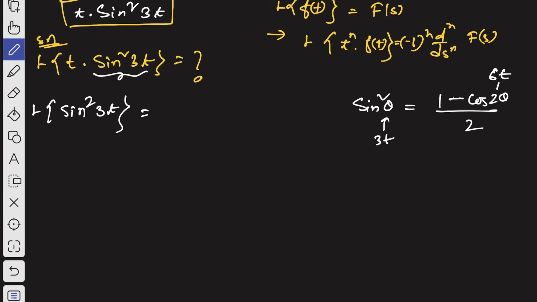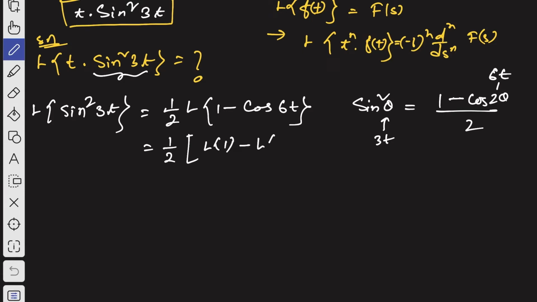So if you apply that, then you can write this one as the Laplace transformation of 1 minus cos 6t by 2. Or you can write it this way, you can write the half outside, 1 by 2 Laplace transformation of 1 minus cos 6t. So that's going to be half into the Laplace transformation of 1 minus the Laplace transformation of cos 6t, right? That's what we will get.